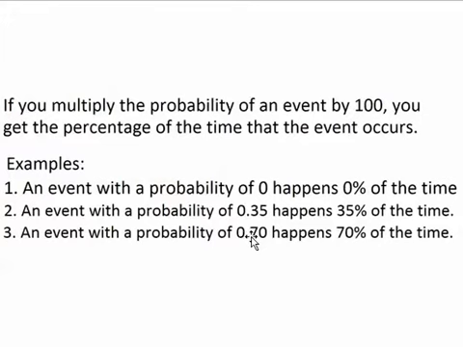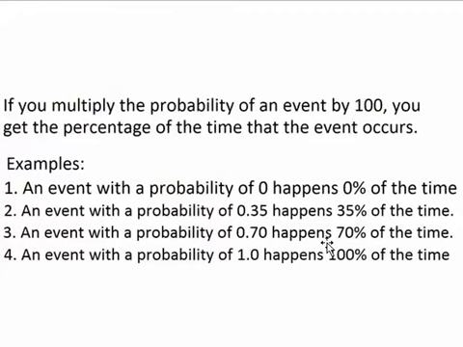So an event with a probability of 0.70 happens 70% of the time. And 1 times 100 equals 100. So an event with a probability of 1 happens 100% of the time.